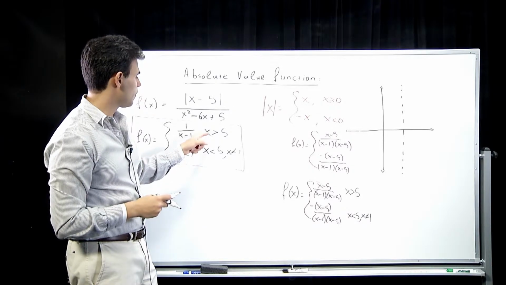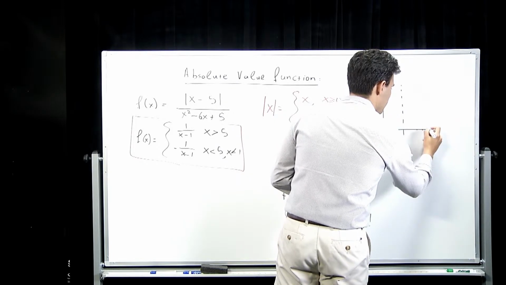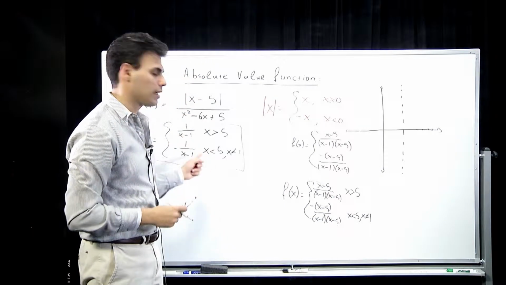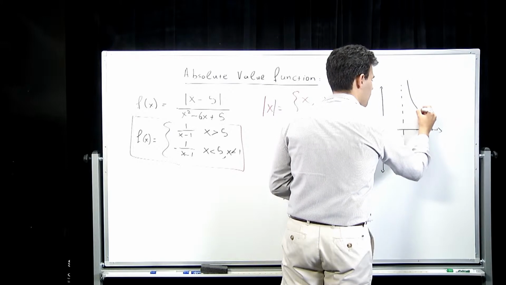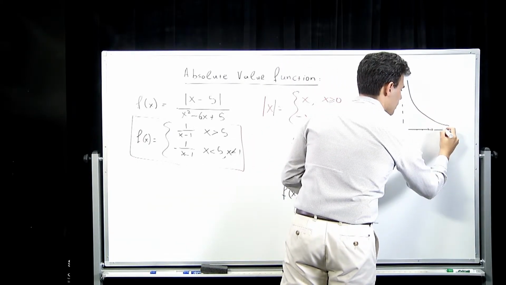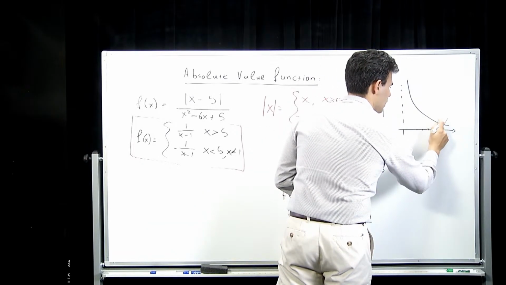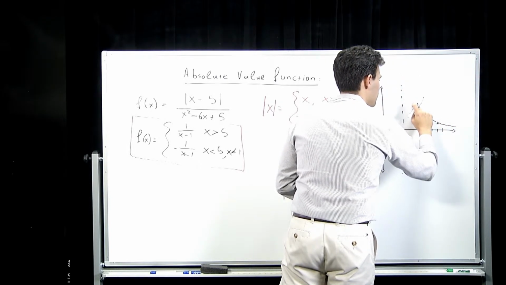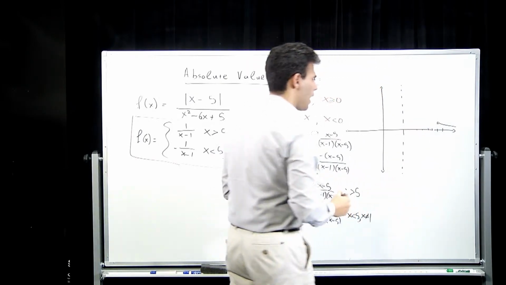For x greater than 5, somewhere over there maybe, I think this is 5, your function looks like 1 over x minus 1, which is this guy right here. But the thing is, I need this part to start after 5. Let's say 5 is here. Therefore, I need to start from this point and on, and I don't really need these parts. Okay, so this is my function after 5.